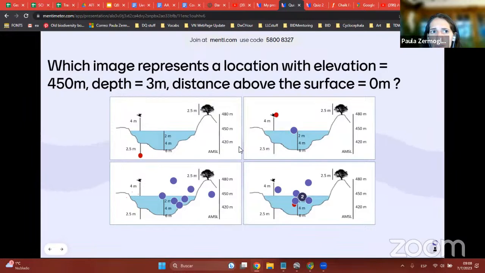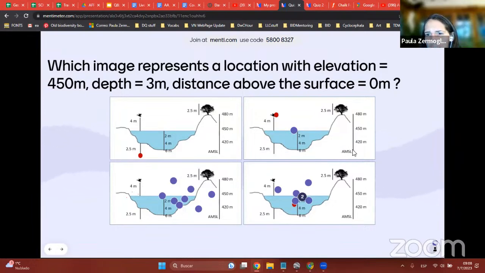Okay, I'm going to move to the second case, which is this one that has a bird flying on top of the lake. For this one, the elevation is 450 because we're taking the vertical datum as our reference to determine elevation.